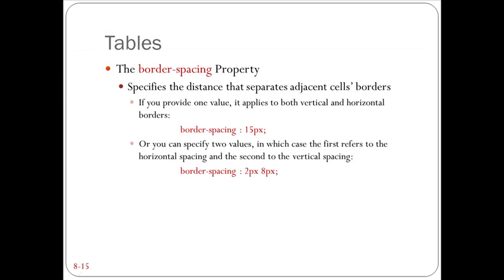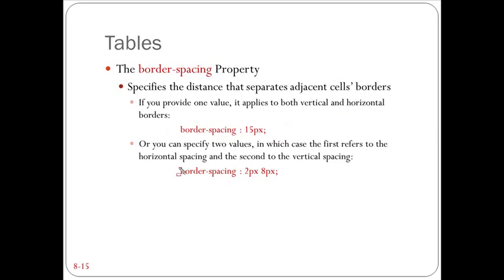So not only can you tell it to separate, but you can determine how much separation you want. In this example here, we're going to make that spacing 15 pixels. That spacing here, because there's only one value, would apply to both the vertical as well as the horizontal spacing.